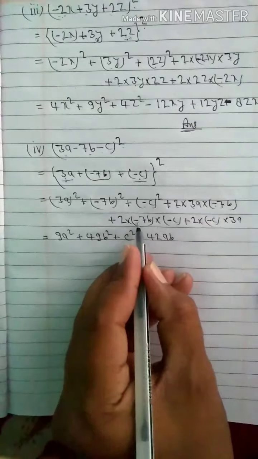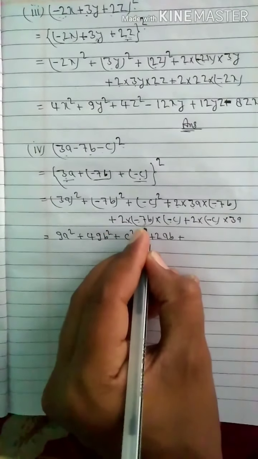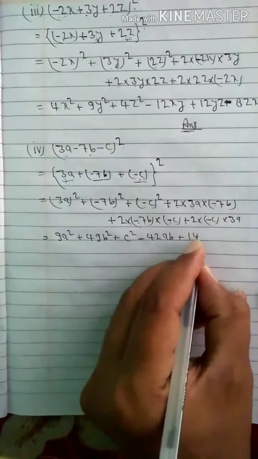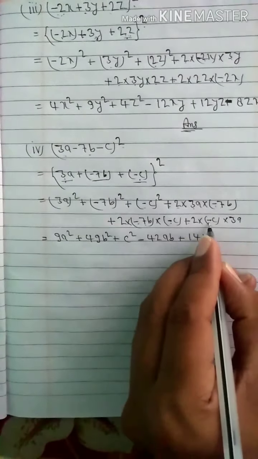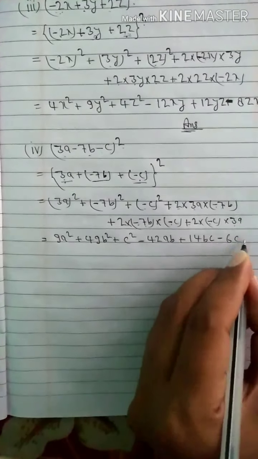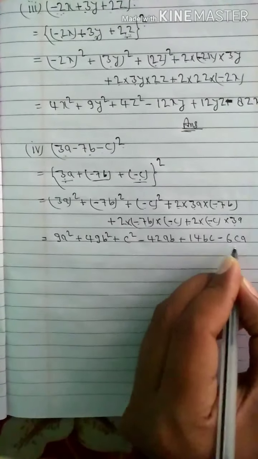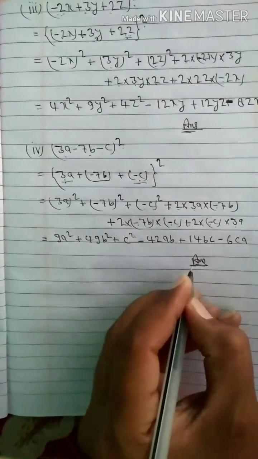And now see here minus minus, plus, 2 7s are 14, so +14bc. And now see here plus minus, 2 3s are 6, so −6ca. So now this is your answer.